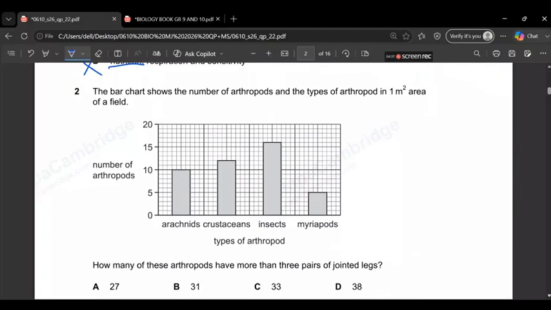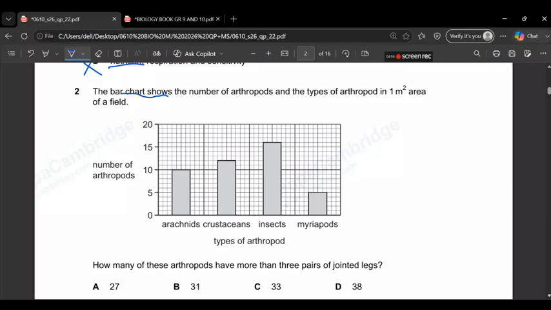Question number 2. The bar chart. If you see, this graph is comprised of bars, so we call it a bar chart or bar graph.